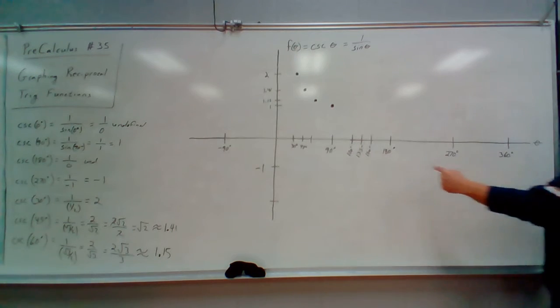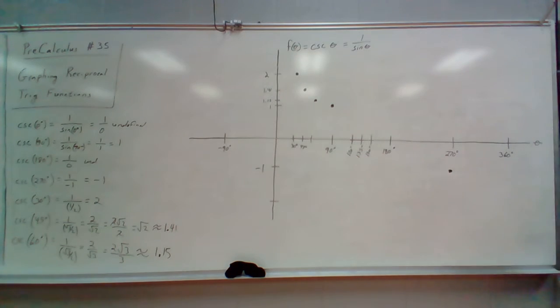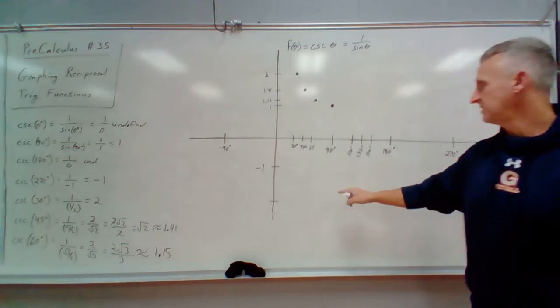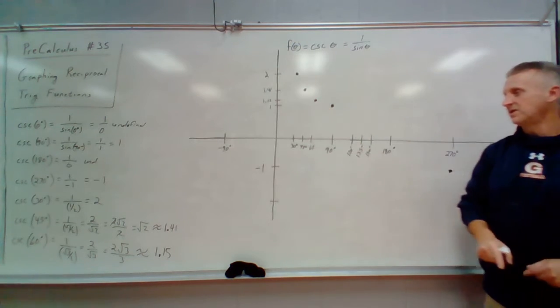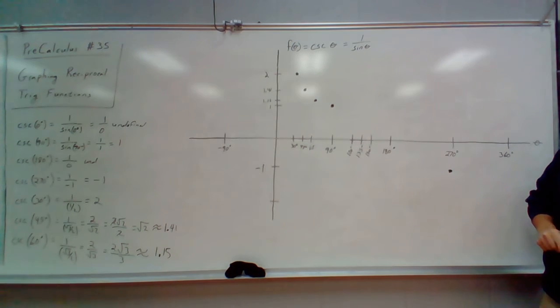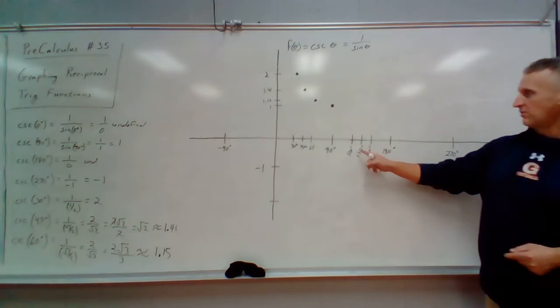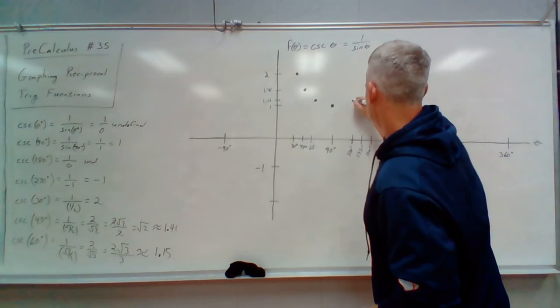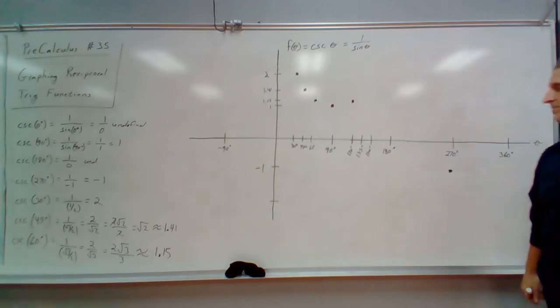All right, so 120 degrees, obviously on the unit circle, that matches up with the 60 degree. So it should match with this one, except the y-coordinate in the second quadrant will be positive. So our answer should be positive 1.15. So it would be this.